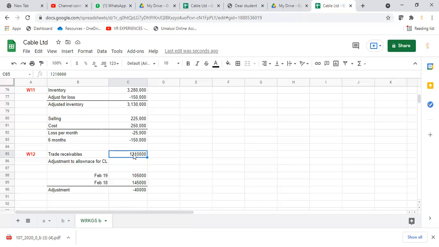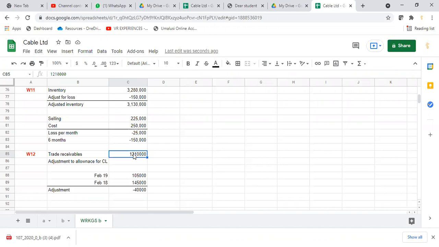So if the allowance is decreasing, should trade receivables be more, or should trade receivables be less? So trade receivables should be more, because included in the 1210 is an allowance of 145, but we only want an allowance of 105.